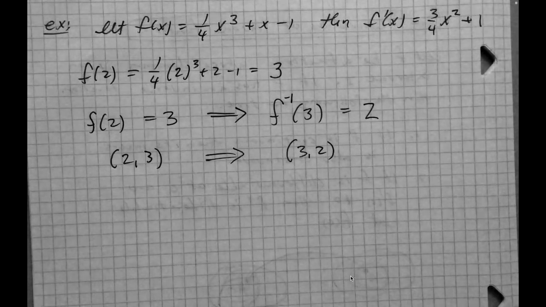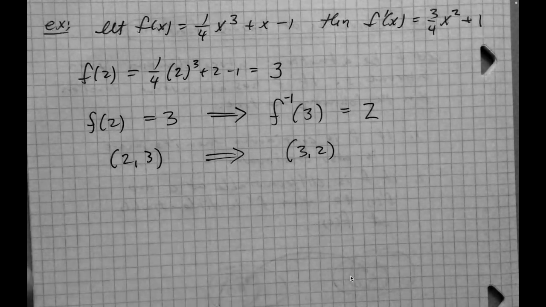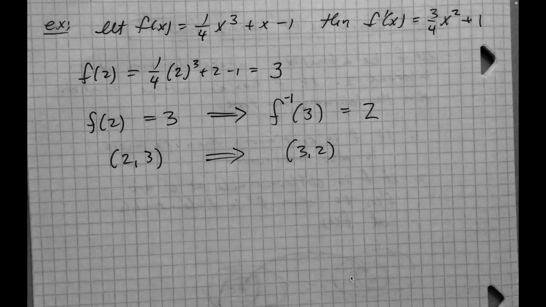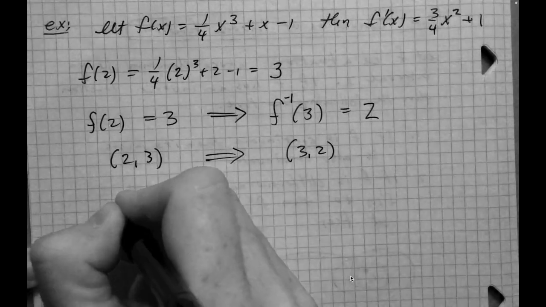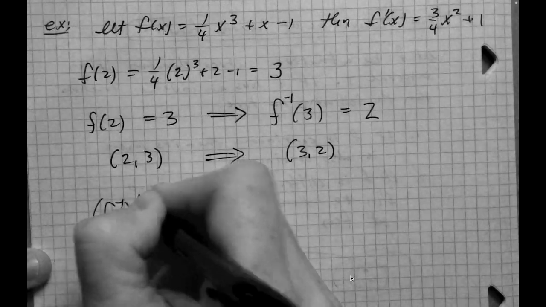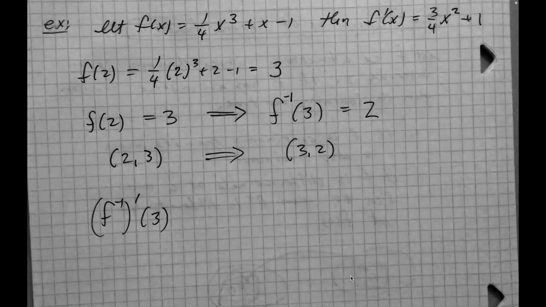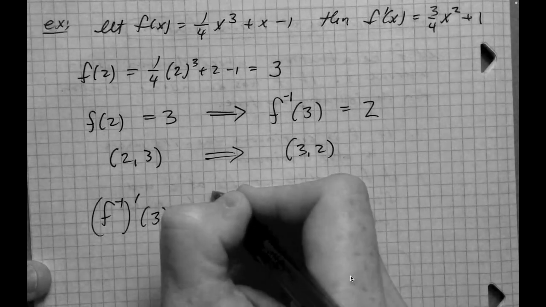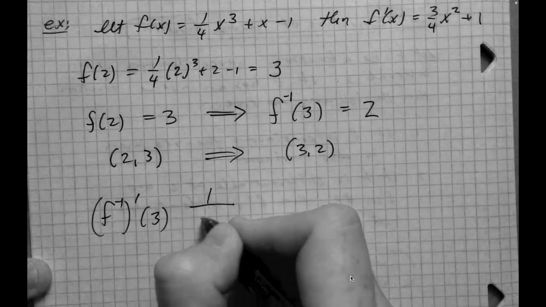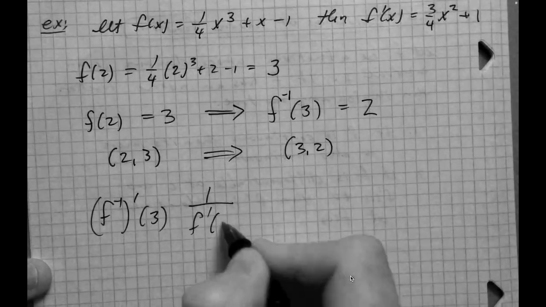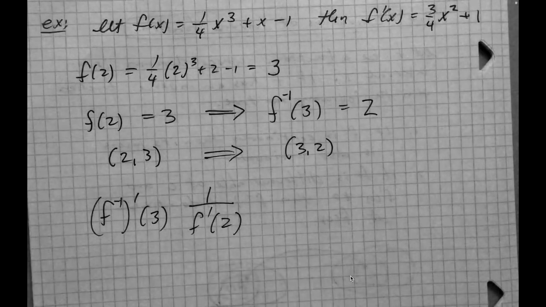Now, what about the derivative of the inverse? Well, what we can say is that f inverse prime of 3 is equal to, the theorem above basically says, 1 over f prime of 2.